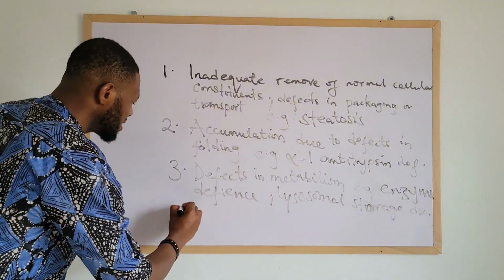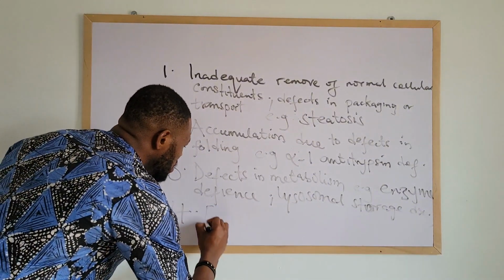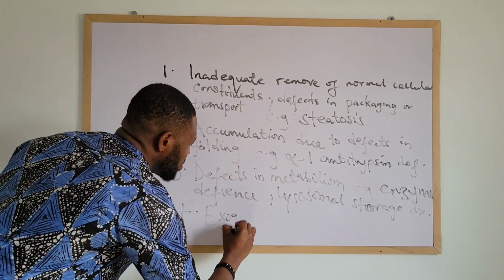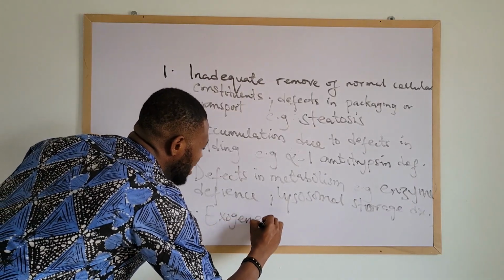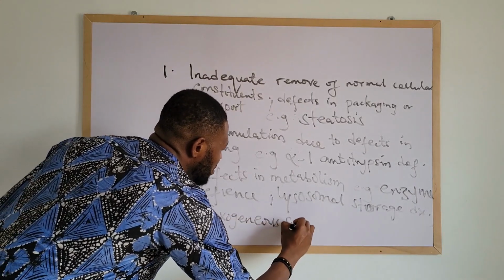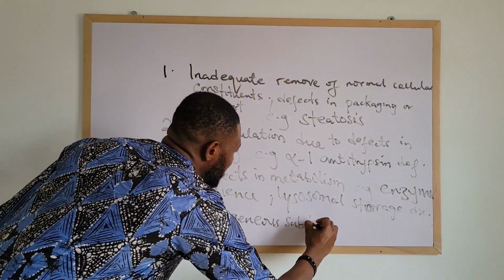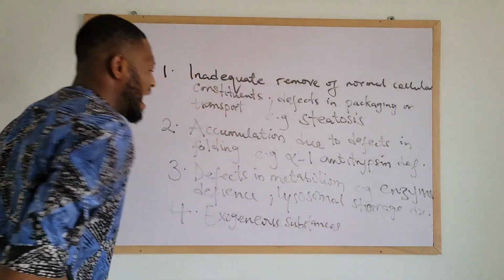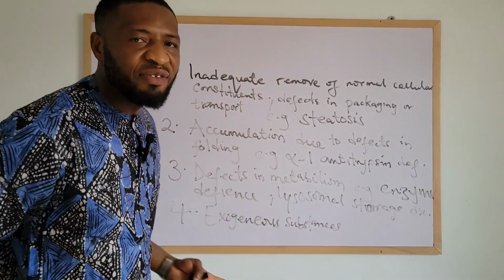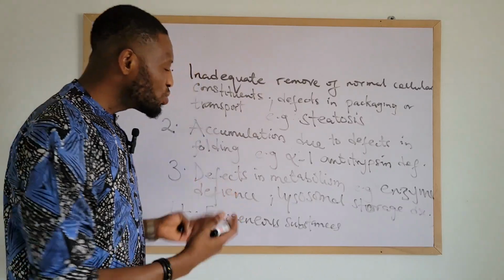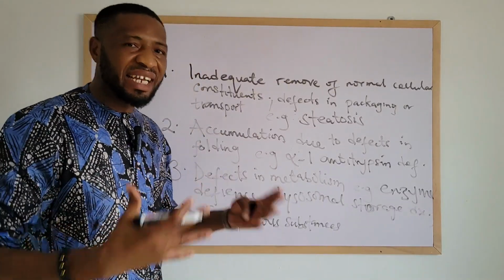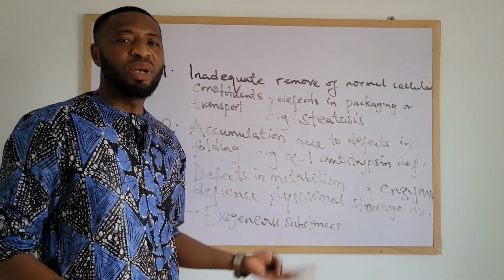And the fourth reason is when exogenous substances accumulate, and the cell does not have the machinery to handle those substances, to degrade them or to metabolize them.